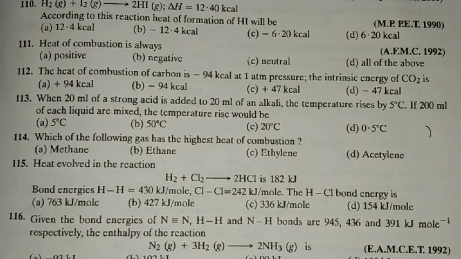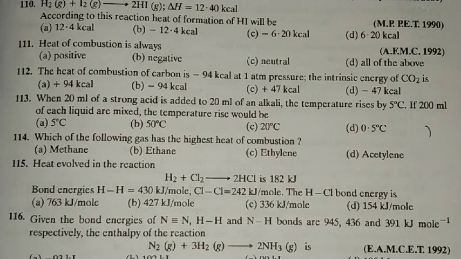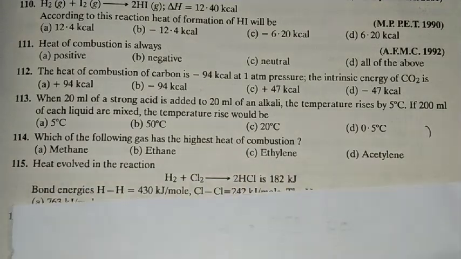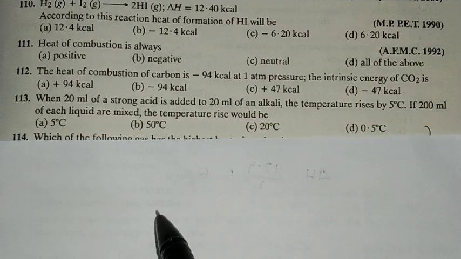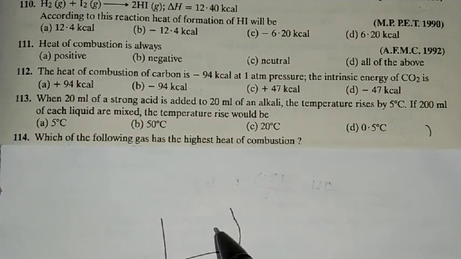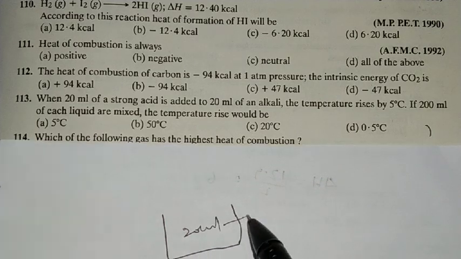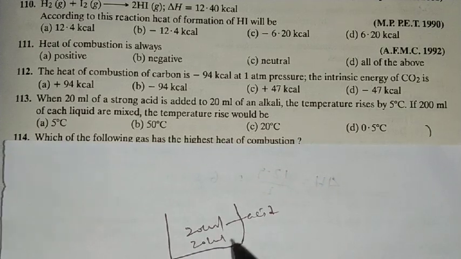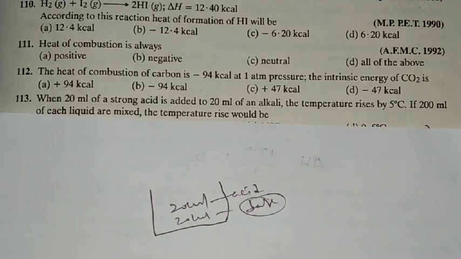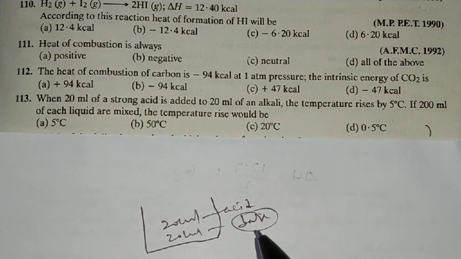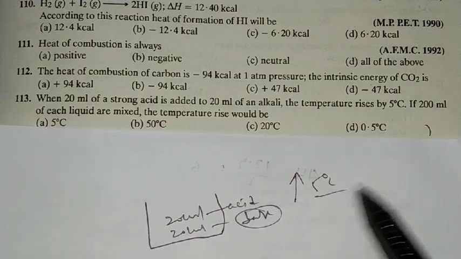When 20 ml of strong acid is added to 20 ml of an alkali, the temperature is raised by 5 degrees centigrade. If 200 ml of each liquid are mixed, the temperature raised would be? Here, based on the heat capacity, imagine a beaker with 20 ml of acid and 20 ml of base or alkali. The temperature raised by 5 degrees centigrade.